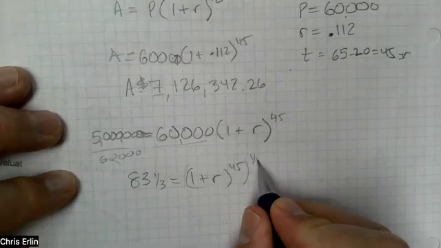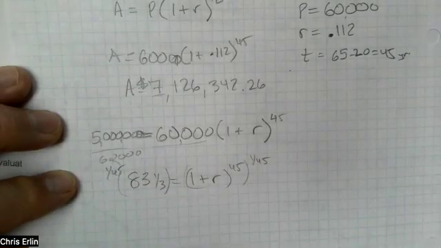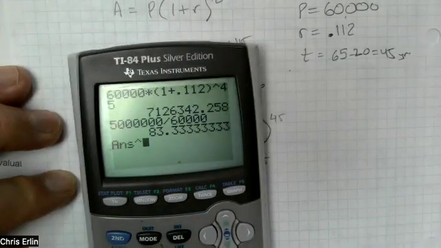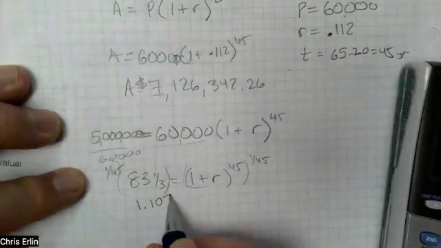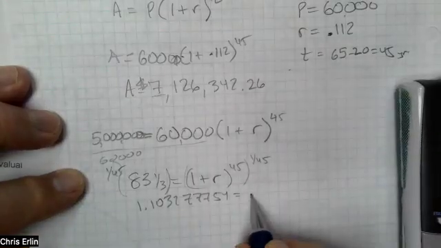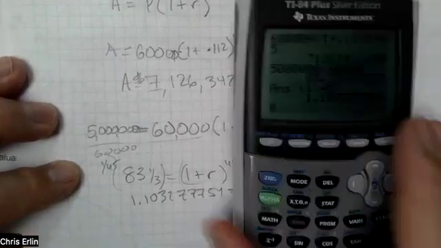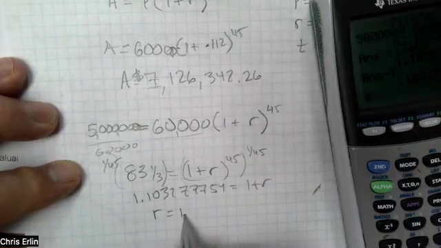I'm going to raise both sides to 1/45th. So if I take this raised to the parentheses 1 divided by 45, I get a very small number, 1.103277754 is equal to 1 plus R. And so if I subtract 1, I get R.